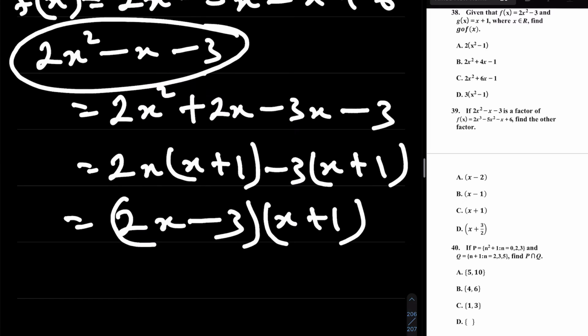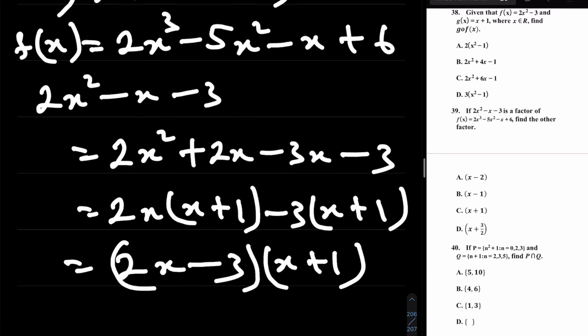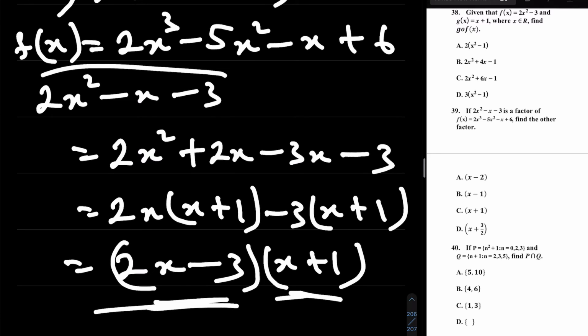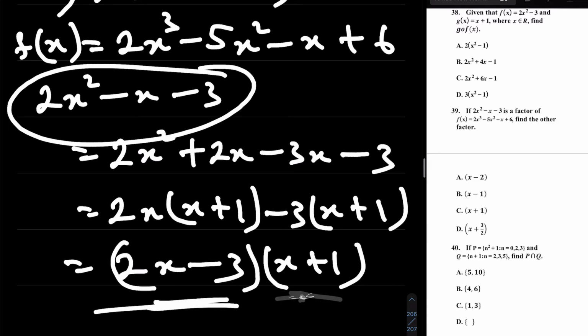That simply means if this is a factor of f of x, then each of these will also be a factor of f of x. If this is a factor of f of x, then the factors of 2x squared minus x minus 3 will also be factors of f of x.